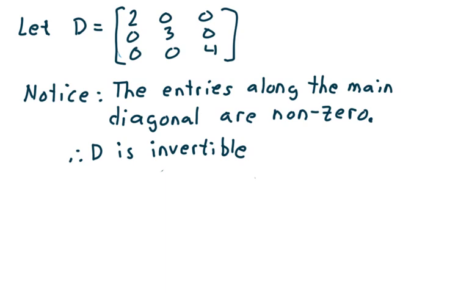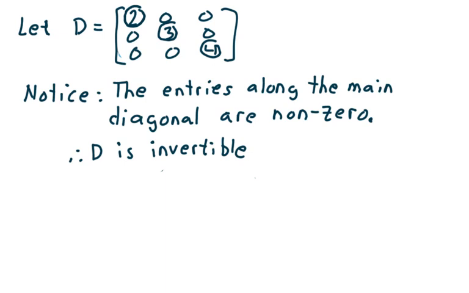Notice that all the entries along the main diagonal are not 0. So notice we have a 2, we have a 3, and we have a 4. None of these entries are 0. And so by the previous result, we can tell that D is invertible. We can tell that this 3 by 3 matrix is invertible immediately.